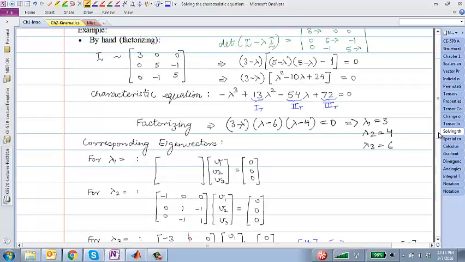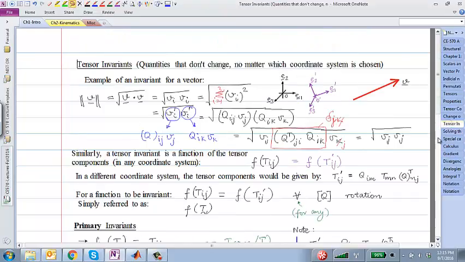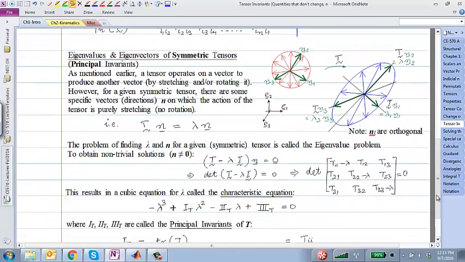What does that mean in terms of the tensor itself? It means that, I'll go back to the previous page, for this particular tensor that we are talking about, there are 3 directions for which the vector will not rotate when the tensor acts on it. It will only extend by how much?